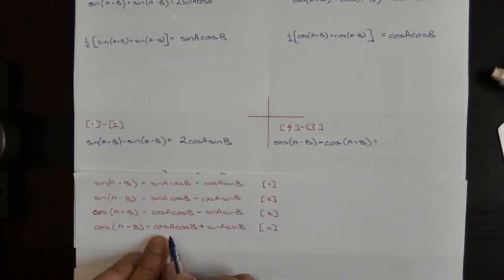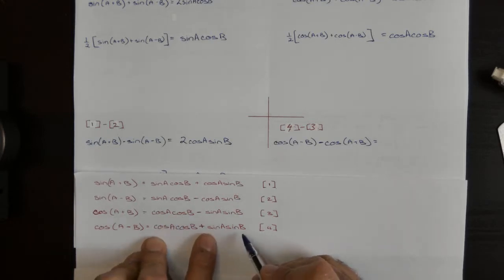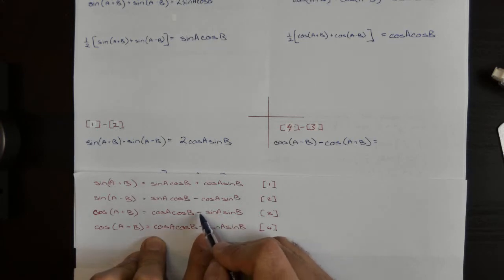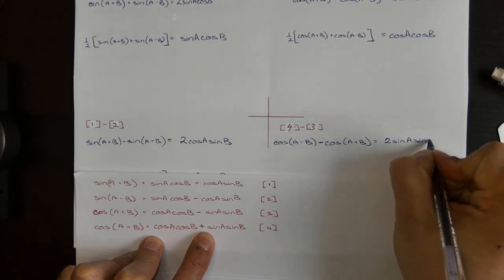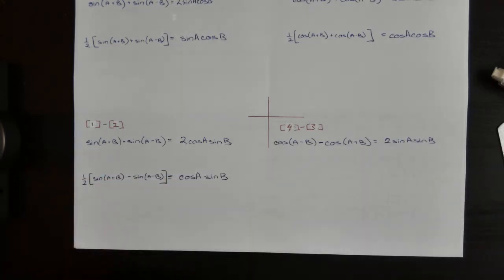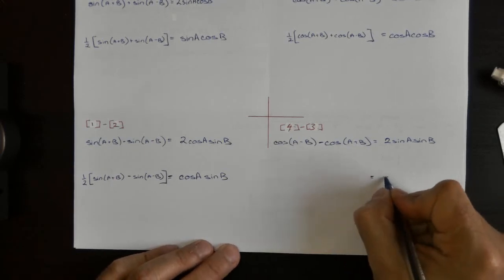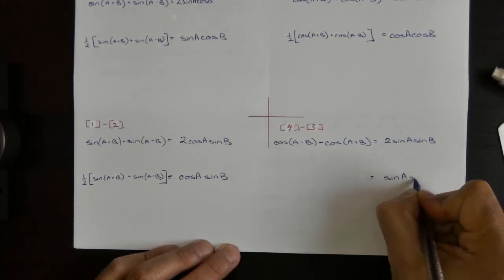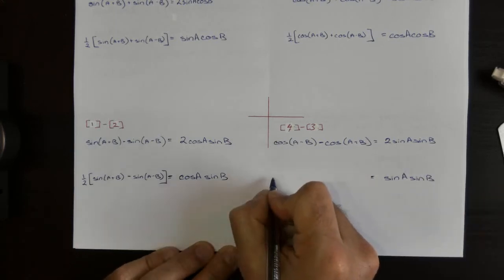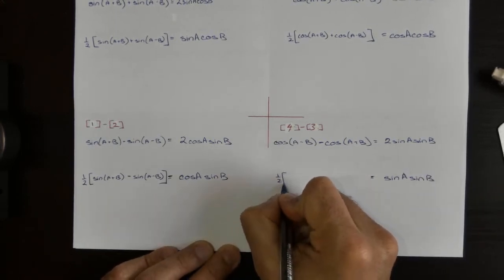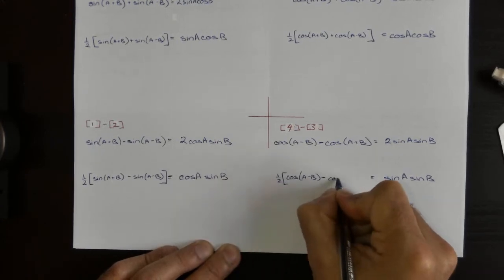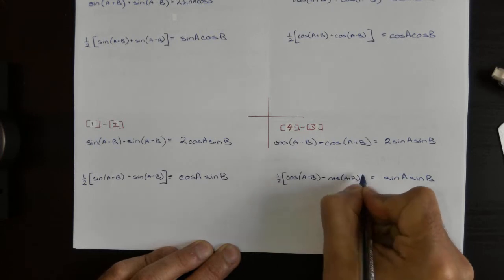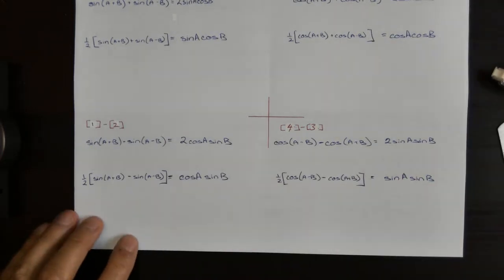The cos A cos B terms disappear, and subtracting the negative makes it positive, so I get 2 sine A sine B. Divided by 2, the product of sine A sine B is a half of cos A minus B minus cos A plus B. Okay, and that's your 4 identities.